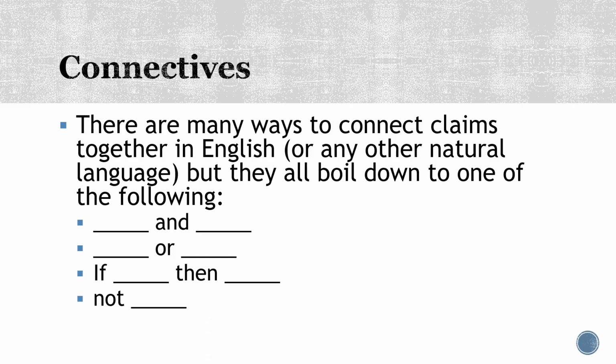One of the things to notice is that there are these little English words, and other languages, of course, have their equivalents, that seem to have a logical function, and pretty much the only ones that we have to worry about are and, or, if, then, and not. At least until we get to categorical logic, which deals with all, some, and none.